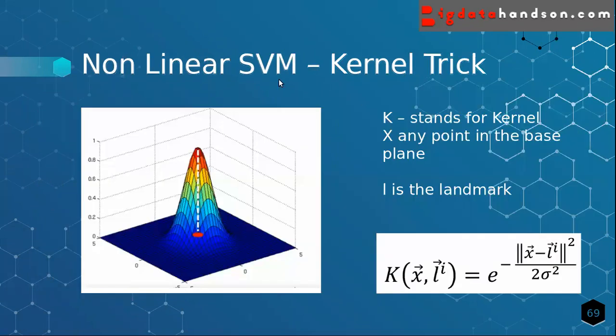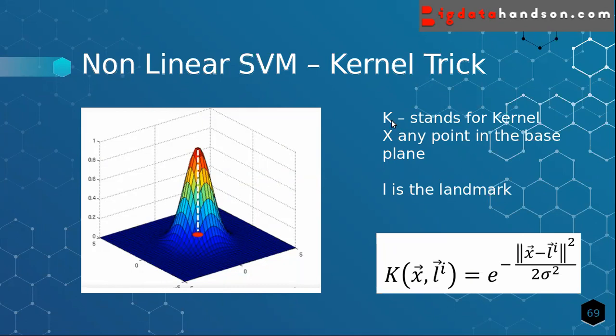Now for non-linear type of data, the kernel trick. For non-linear SVM, we have algorithms like Gaussian RBF, polynomial, and sigmoid. Here, this example is the Gaussian RBF kernel trick.